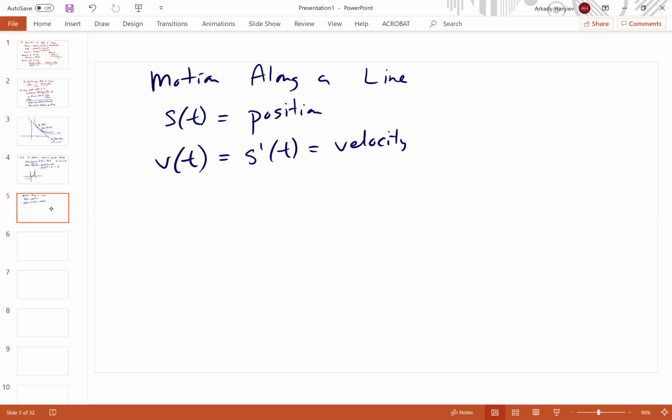Velocity and speed are related, but speed is really the absolute value of velocity. So we don't care which direction you're going. With velocity, we do care which direction you're going. And normally in mathematics, we think about either going to the right or to the left, or going up or going down.